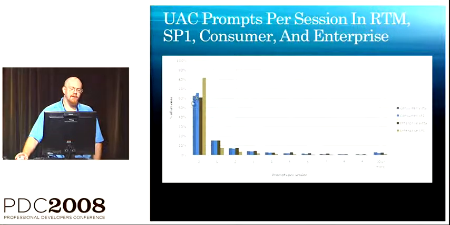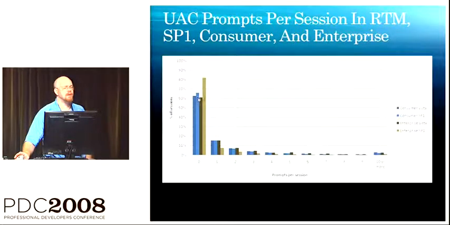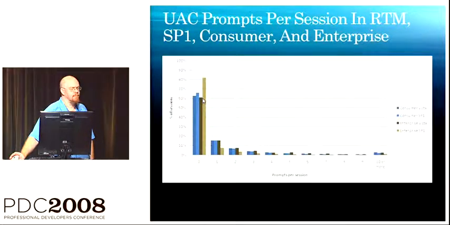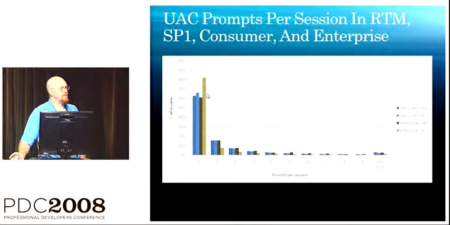Another thing to notice is that with SP1, the numbers are always better. There are way more 0 prompt sessions for SP1 than for 1 or 2 prompt sessions. And a third thing to notice is that Enterprise did something interesting: Enterprise had worse performance at RTM and better performance after SP1.